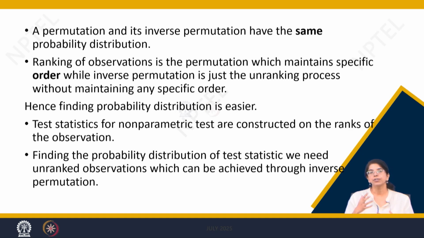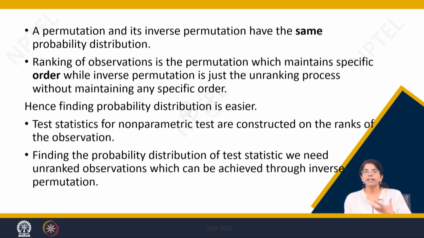But when you are doing inverse permutation, that means anti-ranking, you are just sorting out the rank. You are not holding that particular arrangement. That's why it is called anti-ranking.